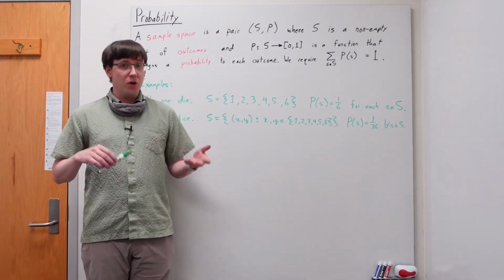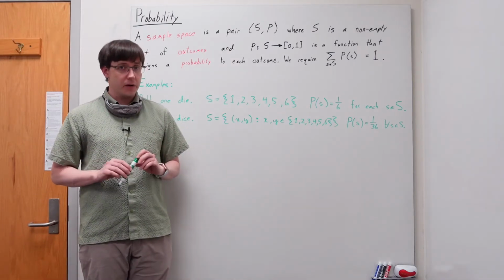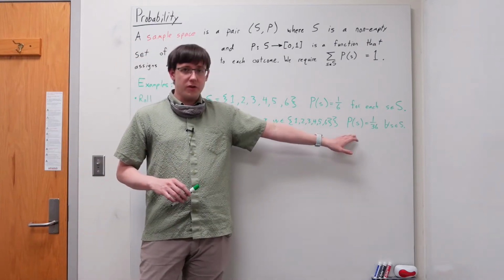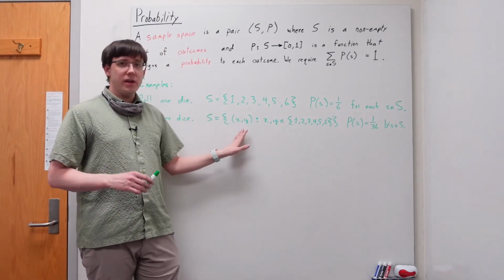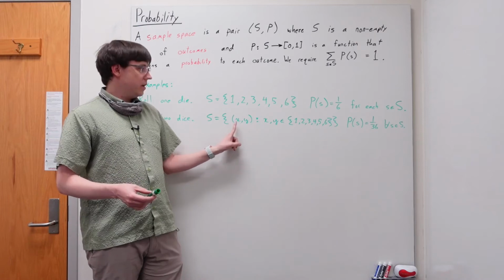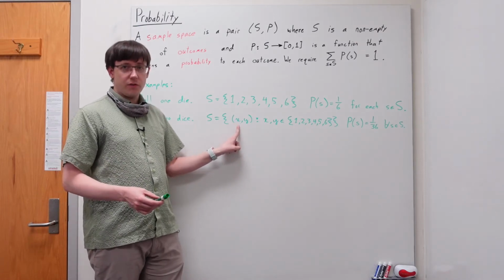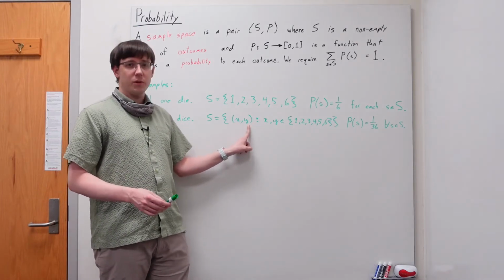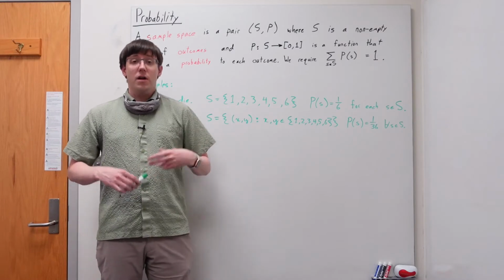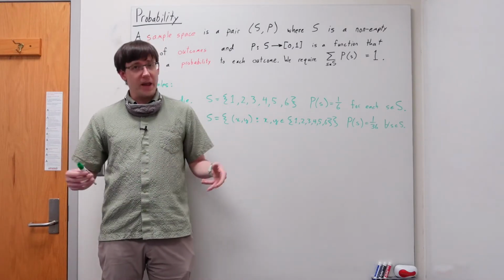We'll talk more about multiplying independent probabilities later, but we could get to the same function p by counting the number of pairs. If we have 6 possibilities for the first element and 6 possibilities for the second, then there are 36 possible ordered pairs.